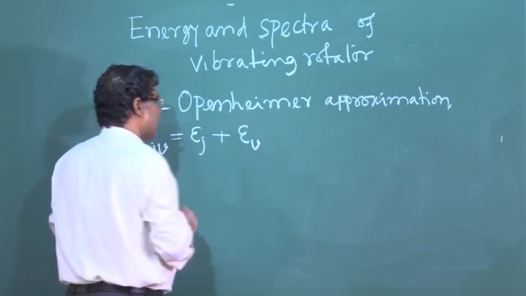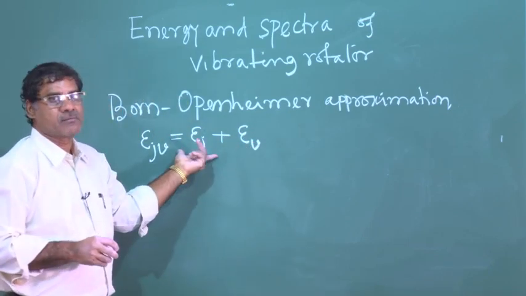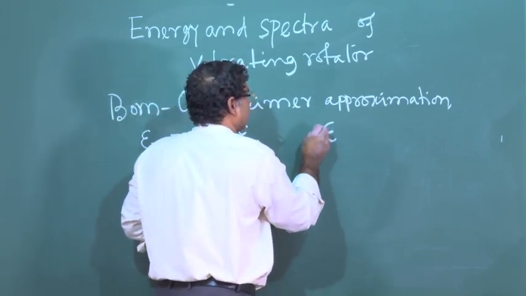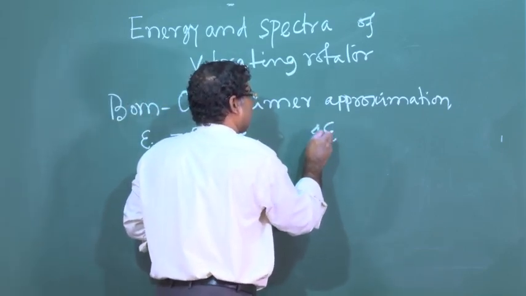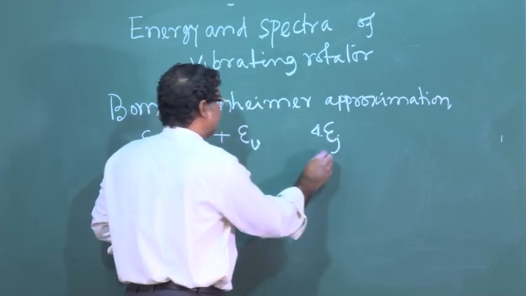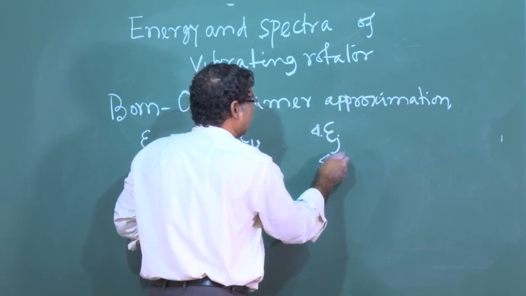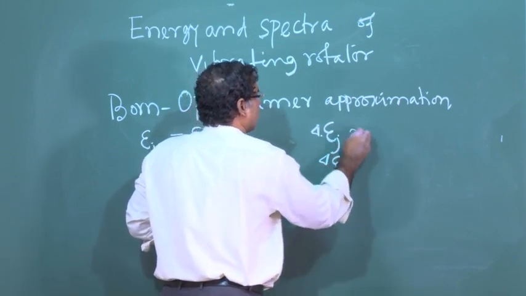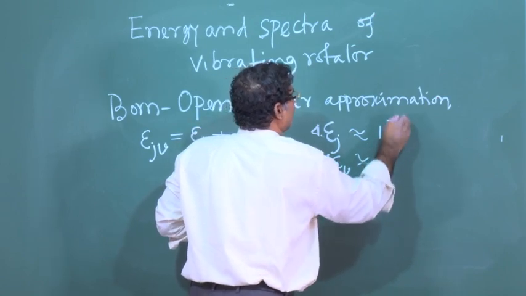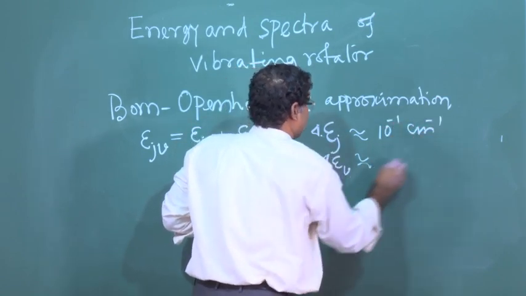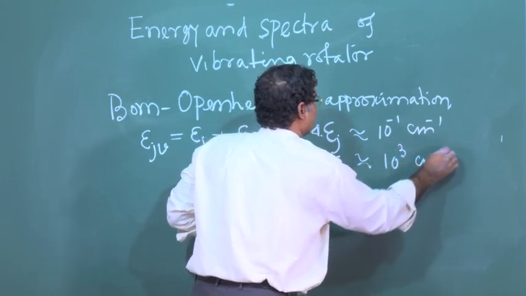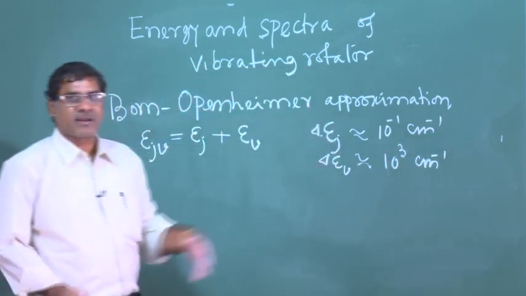Because this energy difference, delta E_J, is of the order of 10 to the power minus 1 centimeter inverse, and delta E_V is of the order of 10 to the power 3 centimeter inverse, their separation is quite high.